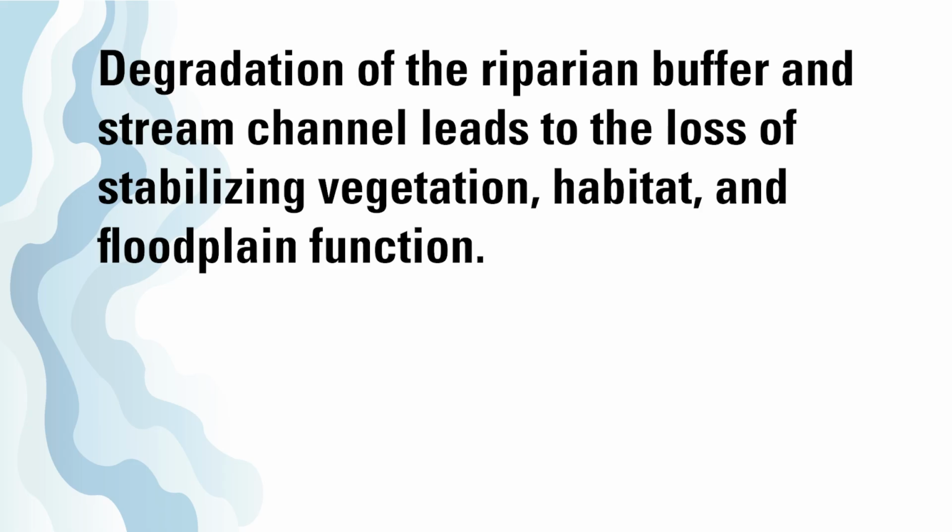Urbanization poses a number of threats to healthy stream ecosystems due to alterations to the landscape and sometimes directly to a stream channel. For example, degradation of the riparian buffer and stream channel leads to the loss of stabilizing vegetation, habitat, and floodplain function.